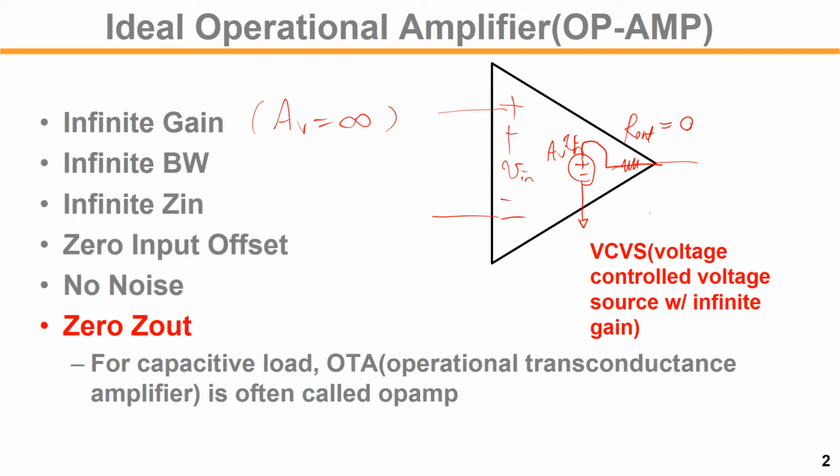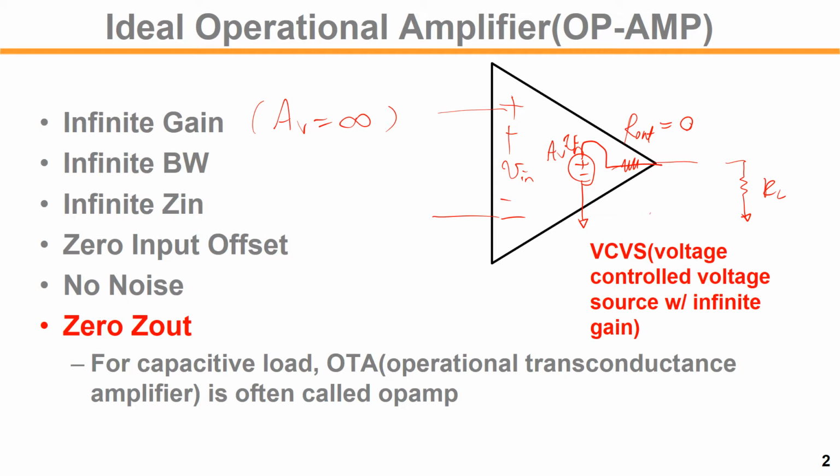If the output impedance is finite, then you will get a different voltage output, because if you have a RL, a different load condition, you will get voltage division out of this kind of amplifier. So for the ideal amplifier, we want to have R out equal to 0.